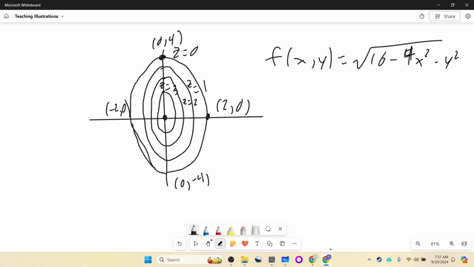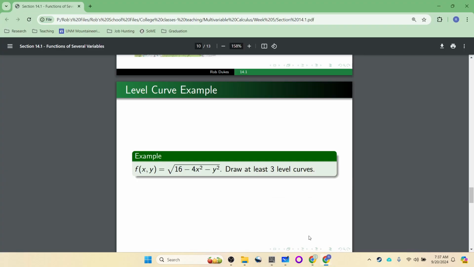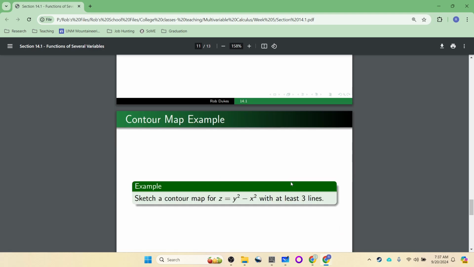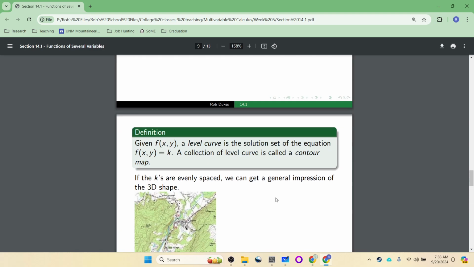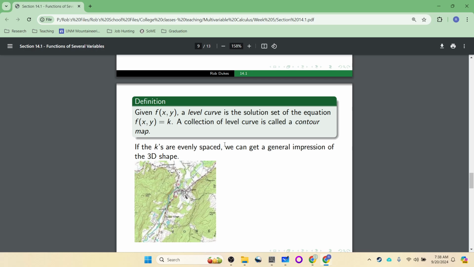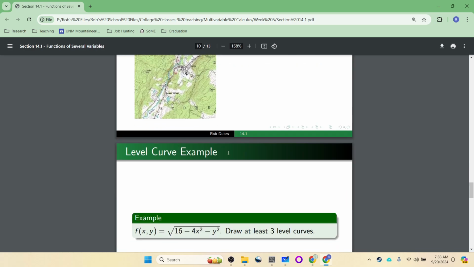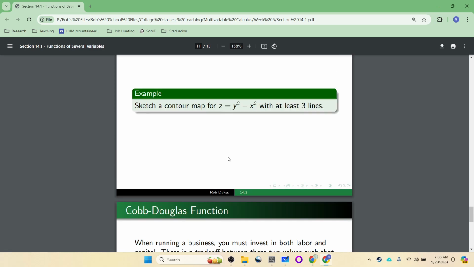Okay, what's next? Sketch a contour map for z equals y squared minus x squared with at least 3 lines. A contour map is just a collection of level curves. So we just did one for one function, and we're going to do it for another function.